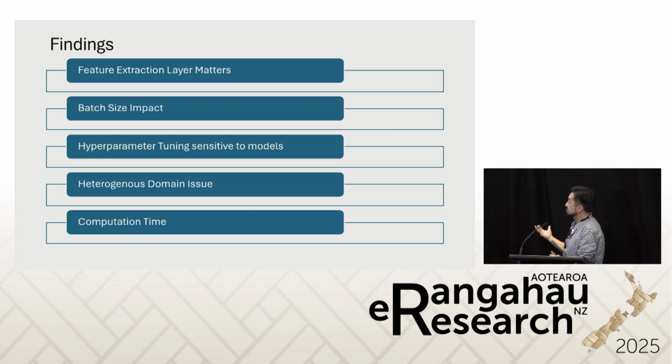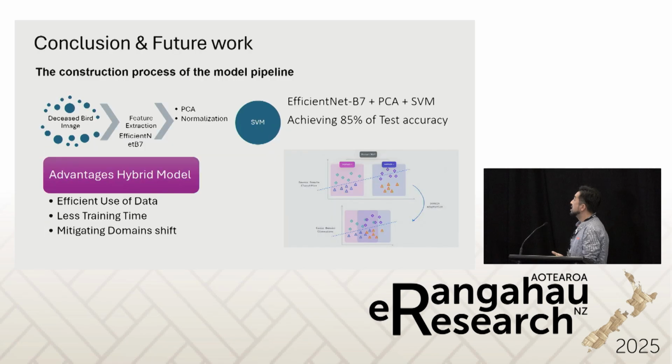However, both models still have domain shift issues. We did not solve it 100%; the source domain didn't fully match the target domain. For computation time, overall the CNN-based model takes less computation time compared to the ViT models.